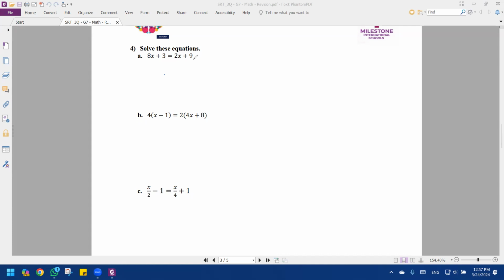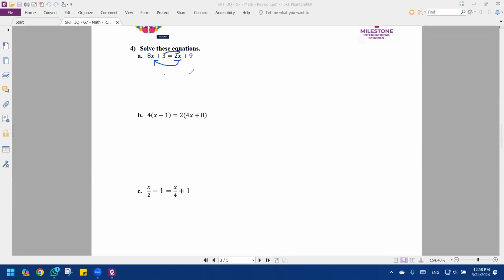And always let the small one, so we have 2x and 8x, let the small one go and visit the bigger one. So I'm taking 2x to the left side, and I'm taking 3 to the right side. You know that when we change from one side to another, we should change their sign.